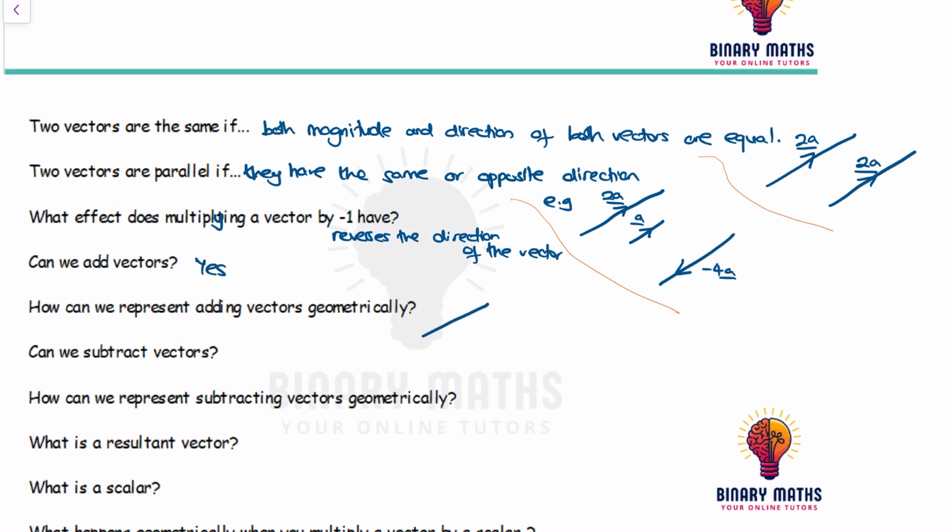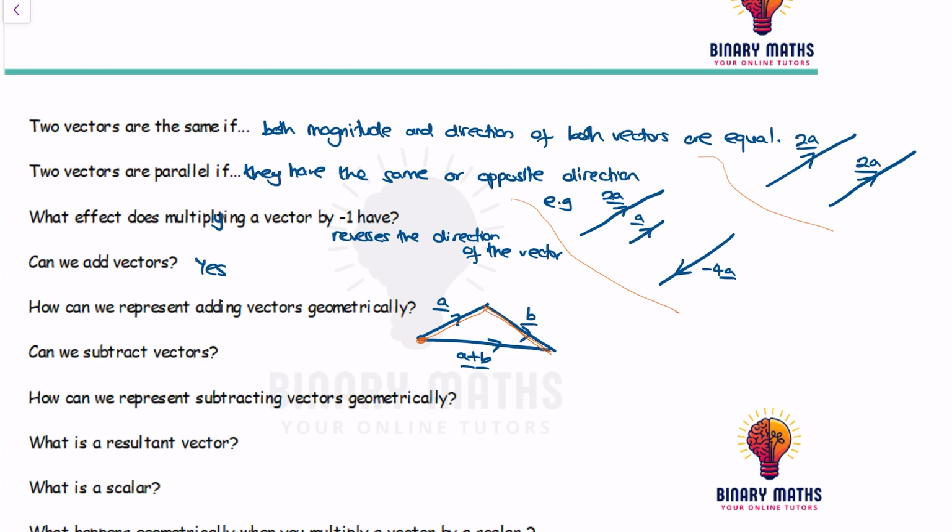So if I know this arrow is labeled as A and this arrow is labeled as B, then A plus B is the same thing as starting off the start of A and ending up at the end of B. A plus B.